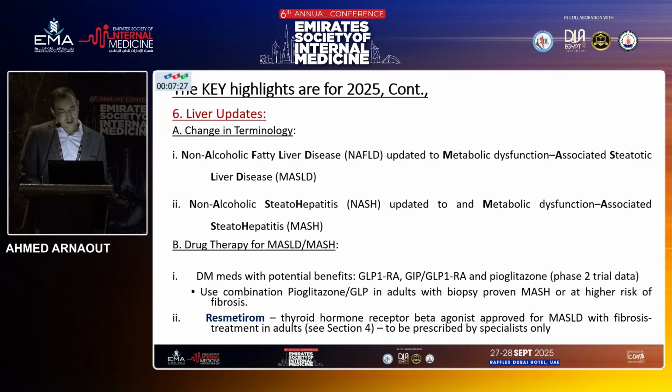This is named resmetirom. Resmetirom is a thyroid hormone receptor beta agonist approved for metabolic associated steatotic liver disease. And later, when we take the sections in more detail, we can see that it's dedicated only for patients with F2 to F3 by elastography.